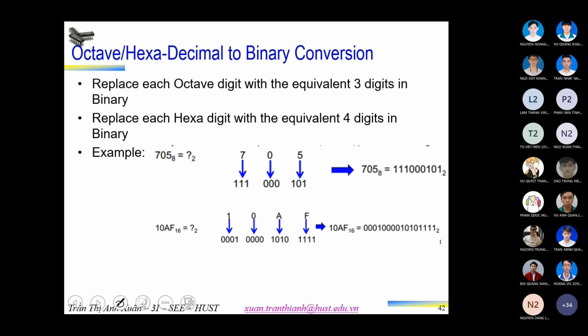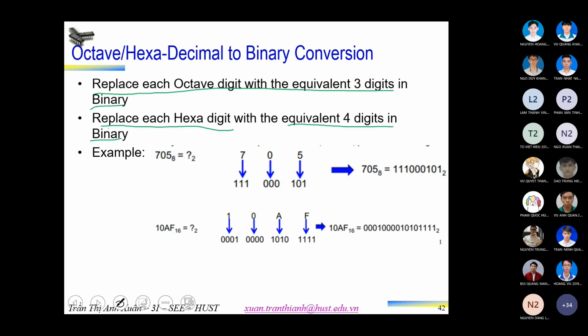So to convert octal to binary, we replace each octal digit with the equivalent 3 binary digits. This is the rule for octal to binary conversion, and correspondingly the rule for hexa to binary conversion: you replace each hexa digit with the equivalent 4 binary digits.